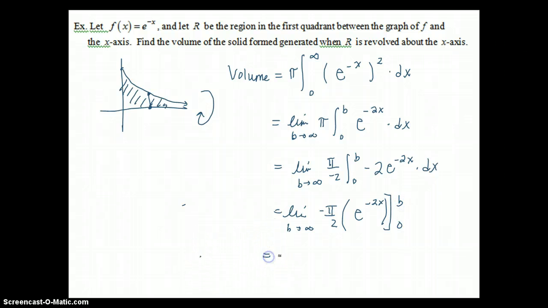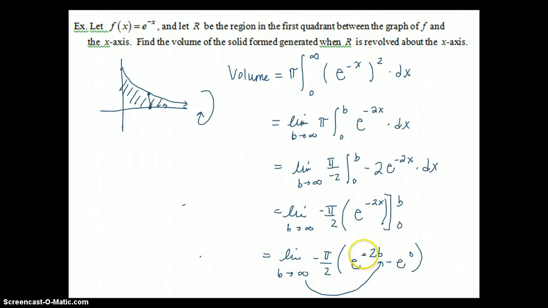So we come here and get limit as b approaches infinity of negative pi halves, and we're plugging in the b and the 0. So we've got e to the negative 2b minus e to the 0. And we think about b getting really, really large, and we're multiplying that by negative 2. So we have a very, very large negative number.